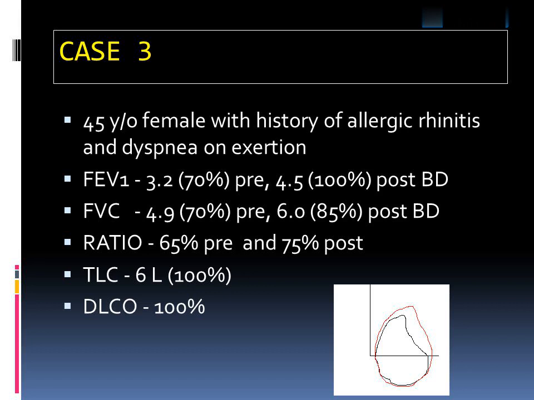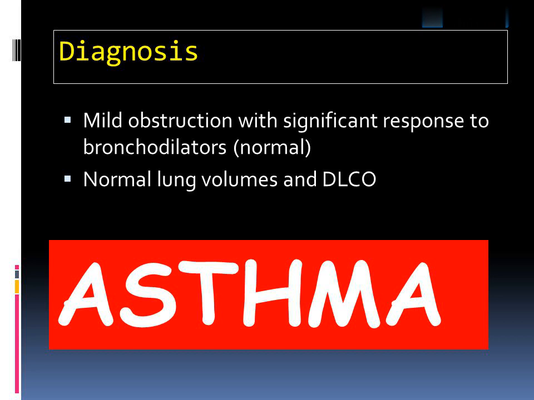Ratio 65% pre and 75% post. TLC 6 liters, 100%. DLCO 100%. Diagnosis: mild obstruction with significant response to bronchodilators, normal lung volumes and DLCO.